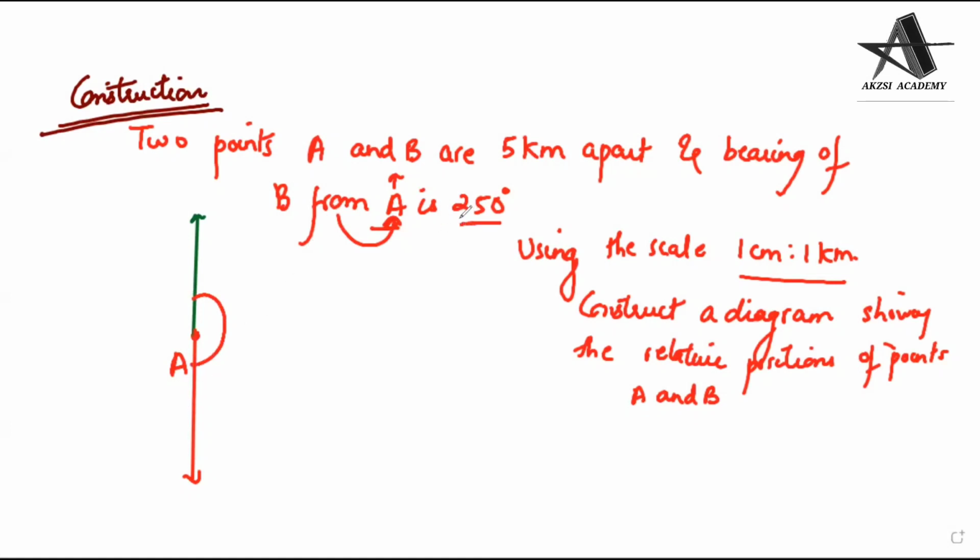How many degrees are more to draw? 250 minus 180. 250 degrees minus 180 means 70 degrees. So from here you have to make 70 degrees. You have already drawn 180 degrees, now you have to go 70 degrees more. This will be your 250 degrees. This whole angle is going to be your 250 degrees.